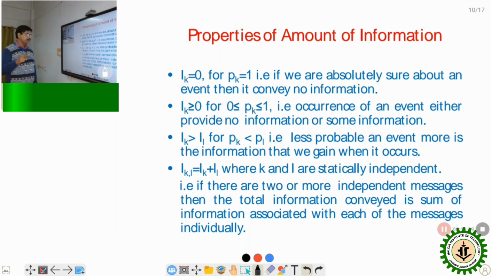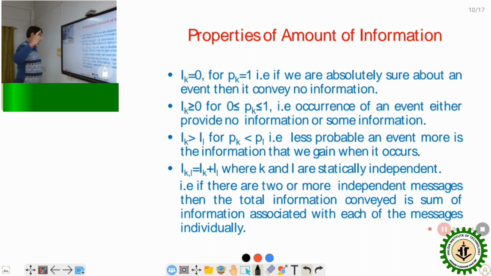If two messages, the kth and the lth, are statistically independent, their information will be the summation: I(k,l) equals Ik plus Il, where k and l do not depend on each other. If there are two or more independent messages, then the total information conveyed is the sum of the information associated with each message individually.